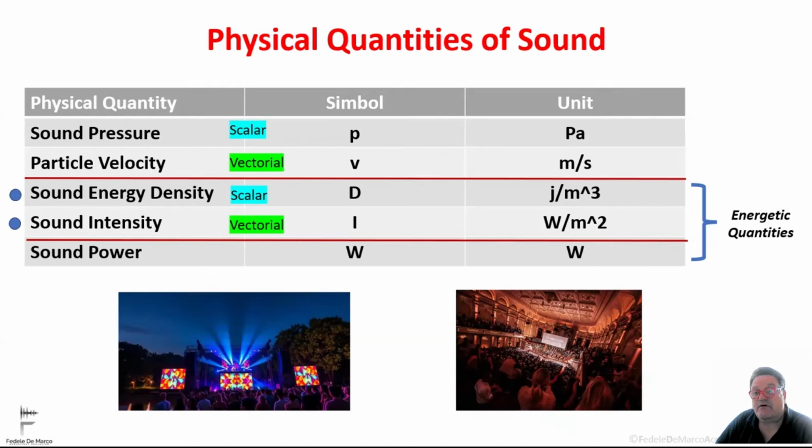Sound intensity instead is a sort of a moving energy concept. So energy passing through one square meter of surface in 1 second. Okay, so it is measured as joule per square meter.